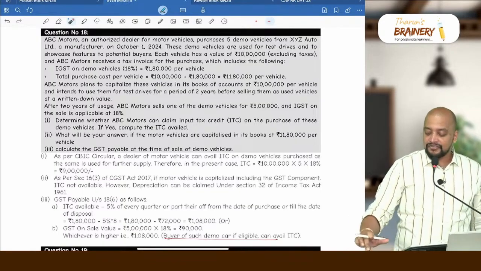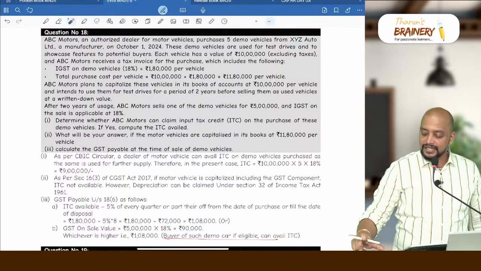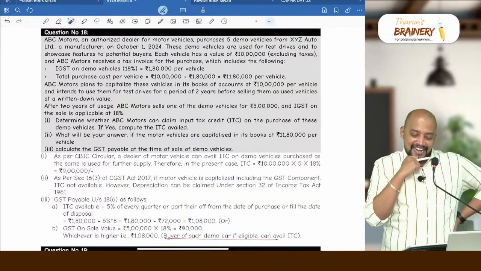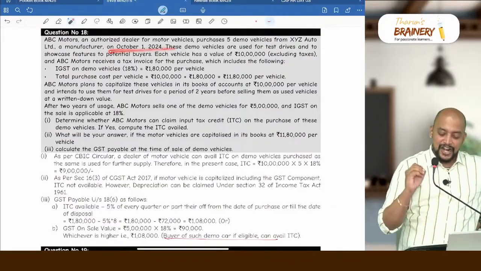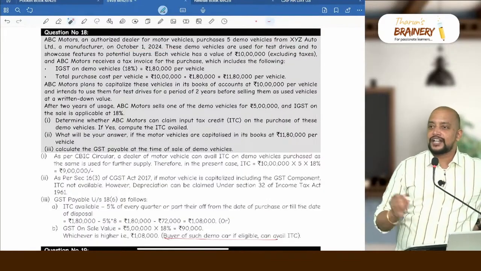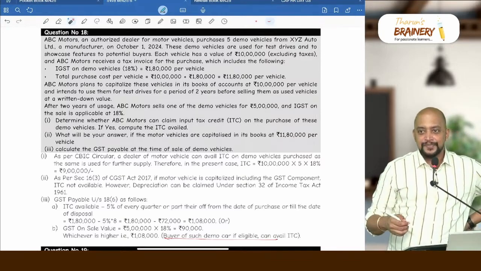So, 11,80,000 minus 15% for the first year and minus 15% for the second year, okay? But directly we cannot take, sir, because it is purchased on October 1, 2024. October 1, 2024 it is purchased means, is it put to use for more than 180 days? Yes.